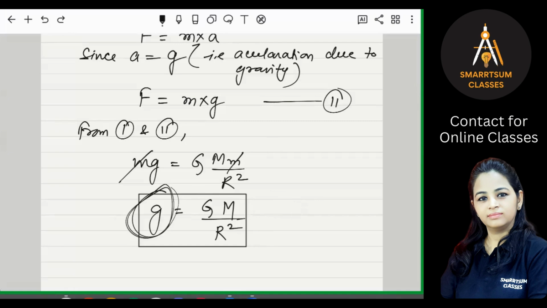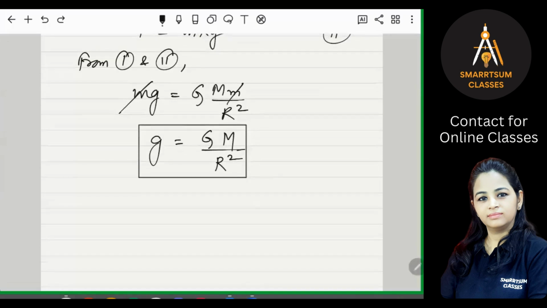It depends only on the mass of Earth, or you can say the celestial body. So if you are on Earth, then the acceleration due to gravity will depend upon the mass of the Earth. If you are on any other celestial body in space, then its acceleration due to gravity will depend upon its mass, not the freely falling object. Everybody getting this?